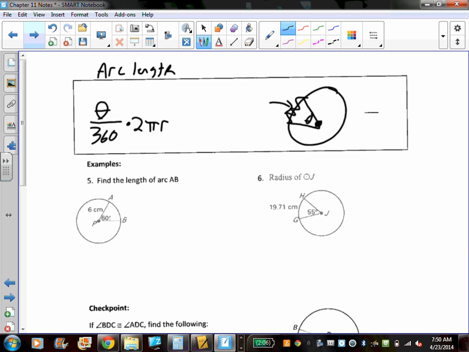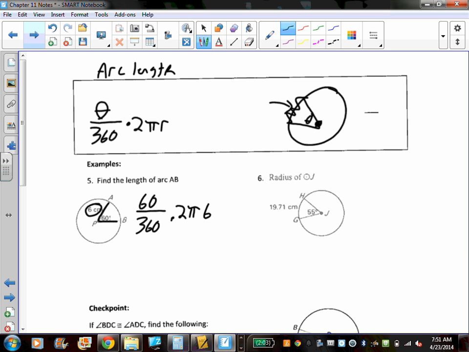So, in this example here, find the length of arc AB. We know that the angle is 60 degrees, so we're going to have 60 over 360 times 2 times pi times 6, 6 being this radius right here. So we are going to need the calculator again. Again, I would recommend figuring out what 60 divided by 360 is first.